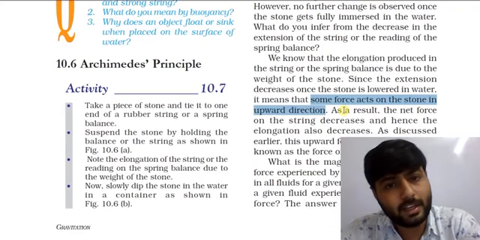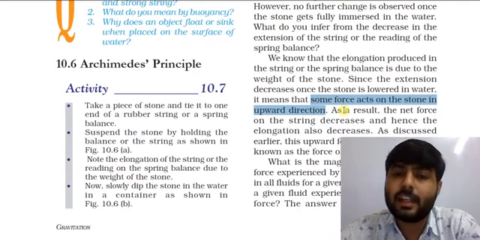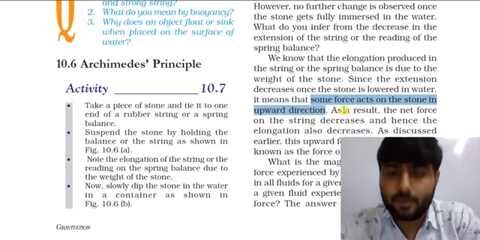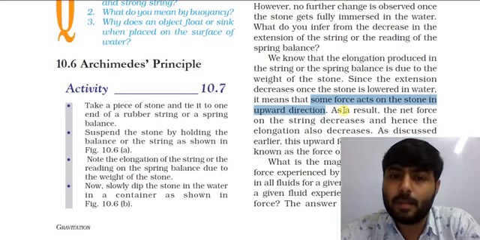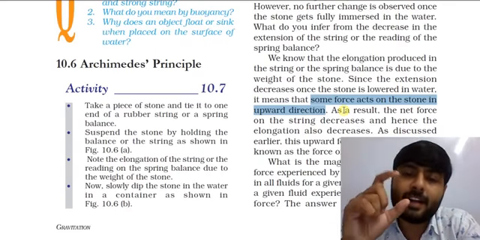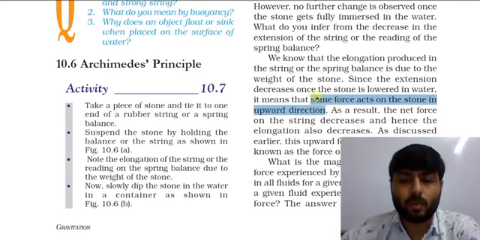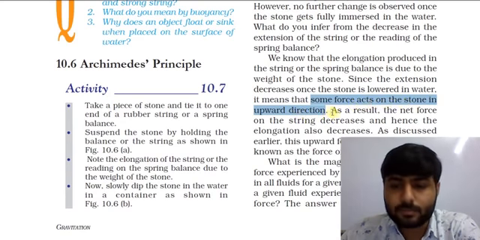As we discussed earlier, there should be some force if there is a decrease in the length of the string. So here we have the upthrust force, which is responsible for the decrement in the length of the string. We notice that some force acts on the stone in the upward direction.